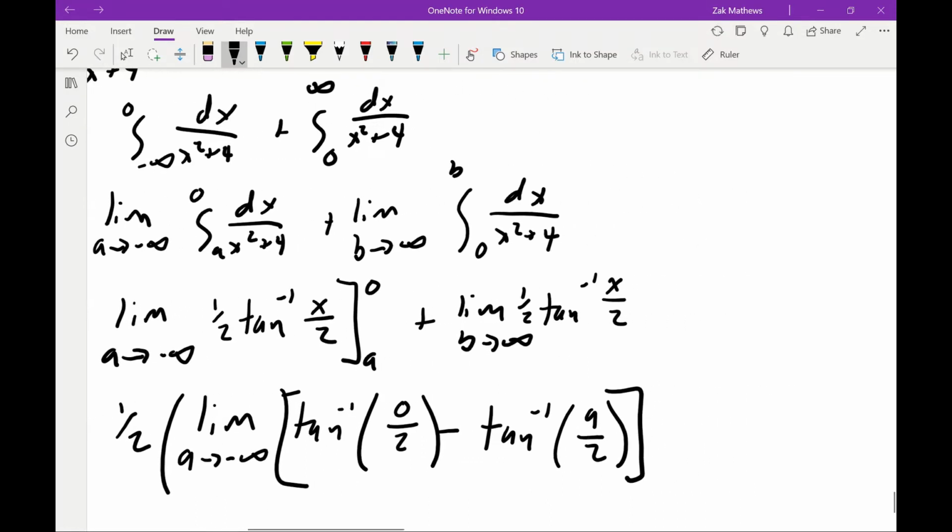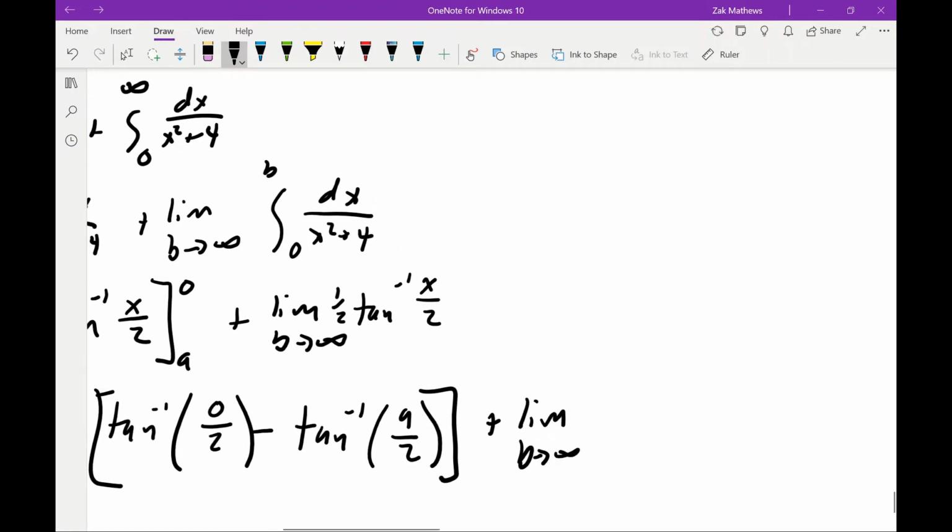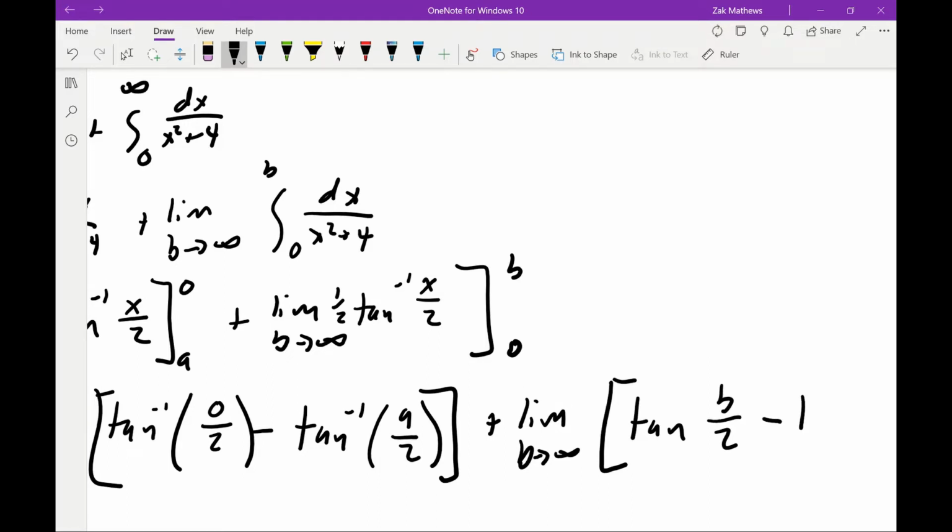And then we'll have our second limit, plus the limit as b goes to infinity of the inverse tangent, and I forgot to write what we were evaluating here, we're evaluating it from 0 to b, inverse tangent of b over 2 minus the inverse tangent of 0 over 2.